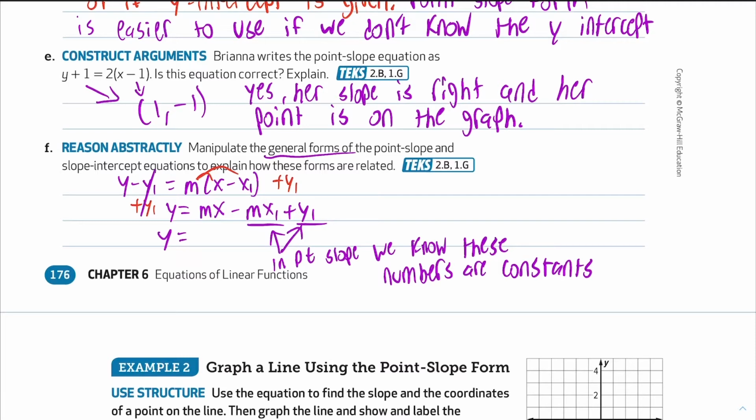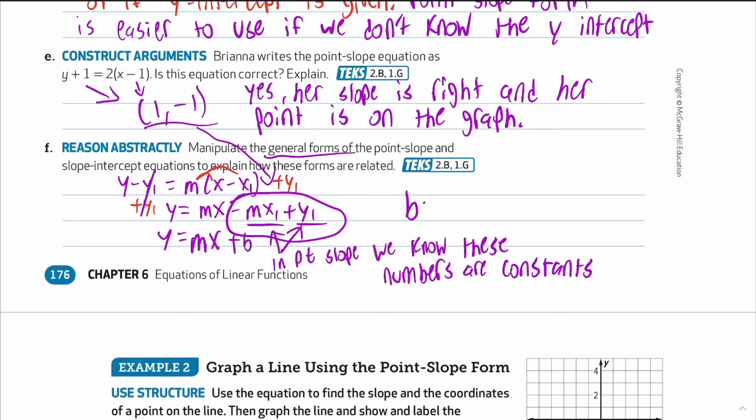So then both of these are just regular numbers, because she plugged in (1, -1). If we put these numbers down there, then we would just have a regular number combined together. So this is mx plus b.